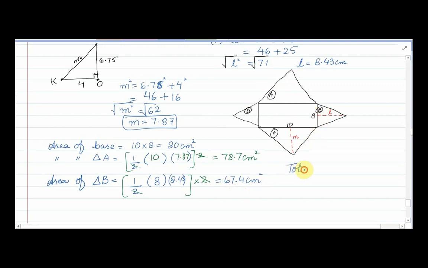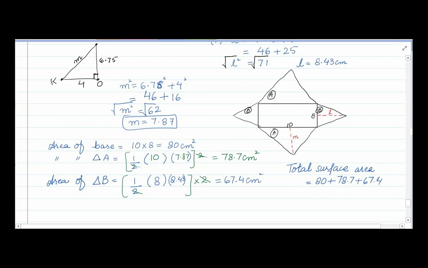So total surface area is equals to area of base 80 plus area of triangle A 78.7, both triangles A, right? And area of both triangles B 67.4.